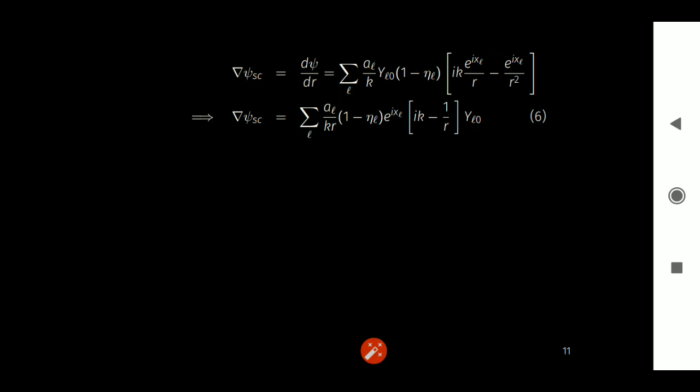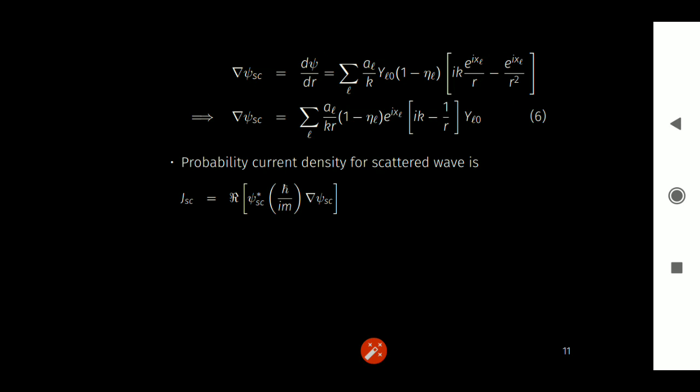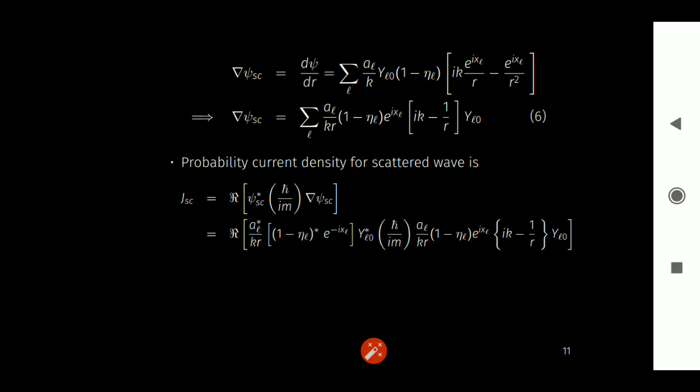Using these two values, one can estimate the scattering current density, the probability current density for the scattered wave, which is defined by this expression. Substituting the values of ψ star and the gradient of ψ scattered, you get this expression. Notice that Y_l0 and Y_l0 star, and e to the power minus iχ_l and e to the power plus iχ_l, get cancelled.